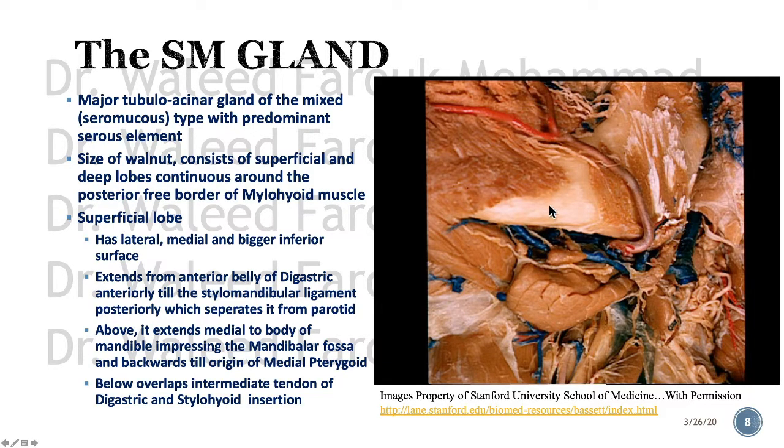Above, it's medial to the body of the mandible. It makes an impression on the medial side of the body of the mandible called the submandibular fossa, and backwards till the origin of the medial pterygoid. At the angle of the mandible from the inside, there is a muscle originating from a very rough surface, called the medial pterygoid.